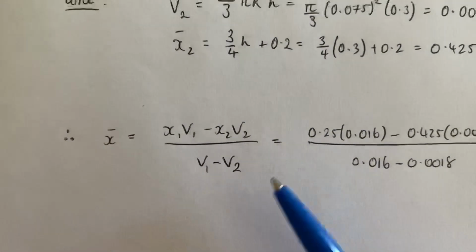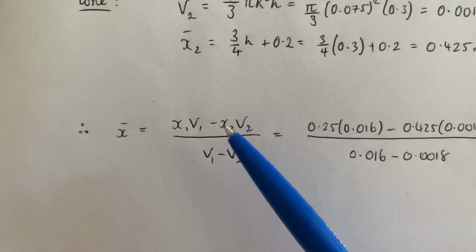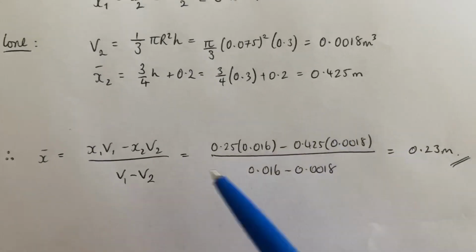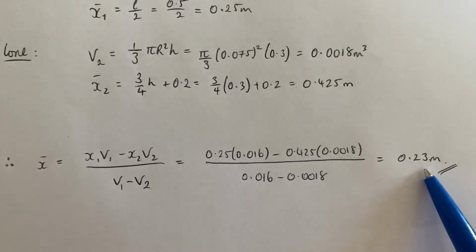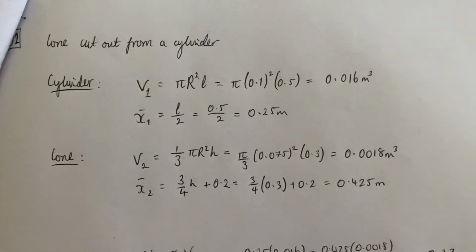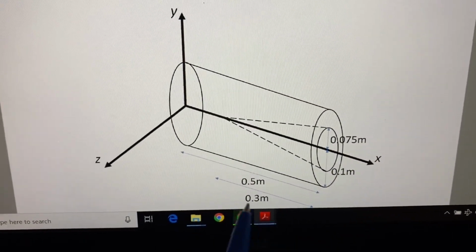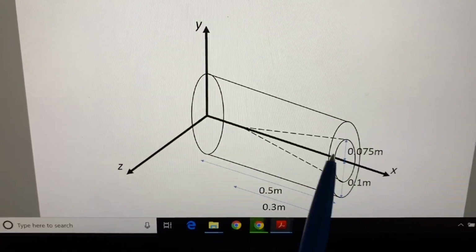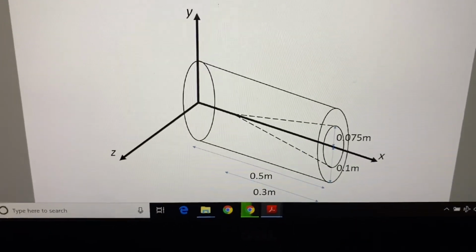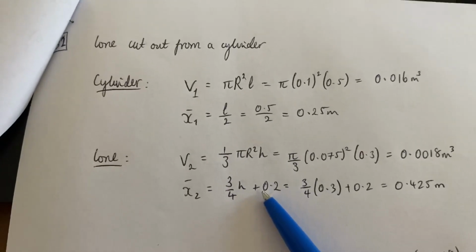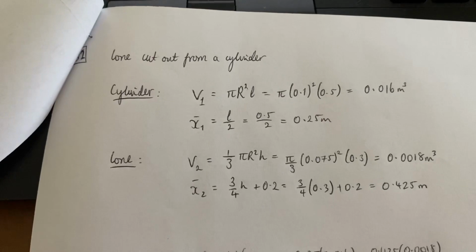So we have subtraction in here instead of addition, and if you follow that through, you should get an answer of 0.23 meters. The only thing you needed to remember here is that the cone had been shifted along the x-axis by this difference here. So the cone had been shifted 0.2 of a meter along the x-axis. So the x-coordinate of the centroid is 3/4h, which is the standard result, plus that 0.2. That's the only real bit that tripped people up with this question.